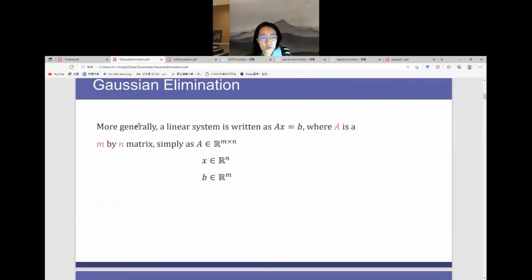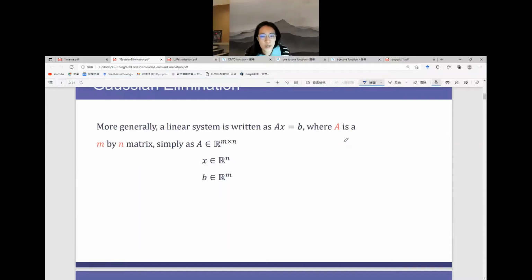And this is a general expression we have seen before. This is not the first time to see this, but now we are formally defining it. It's called a linear system, and it's written as AX equals B. Here A should be an m by n matrix, or we simply write it as A belongs to R to the m times n.